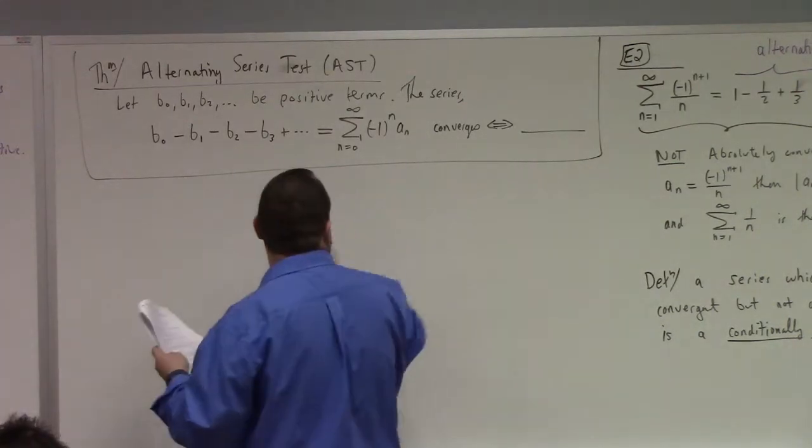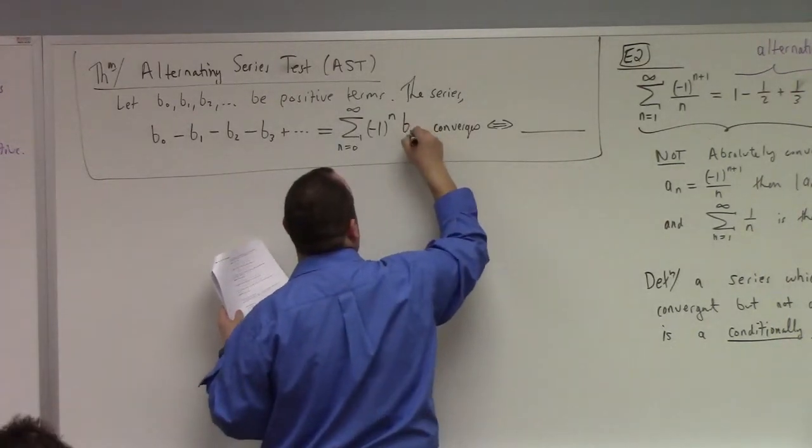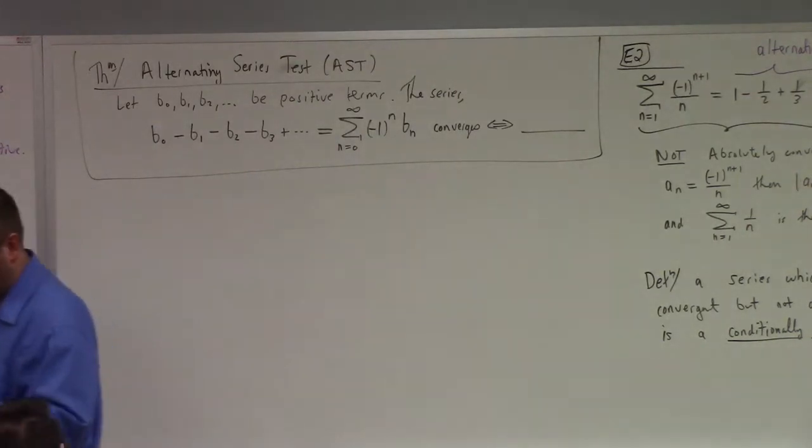There's supposed to be a b sub n in my language here. If and only if what?